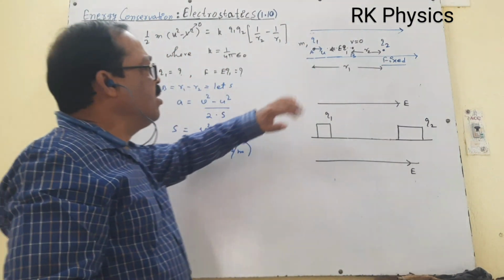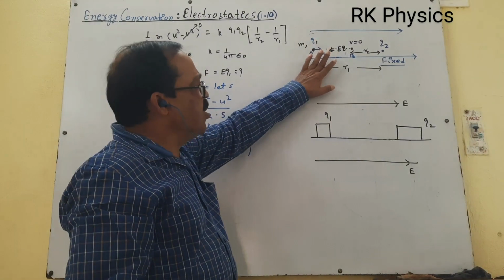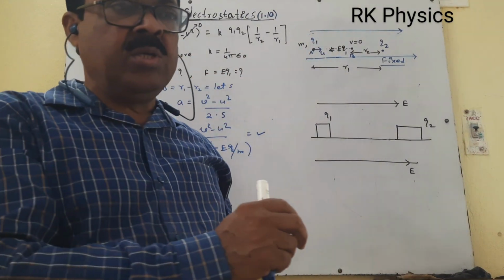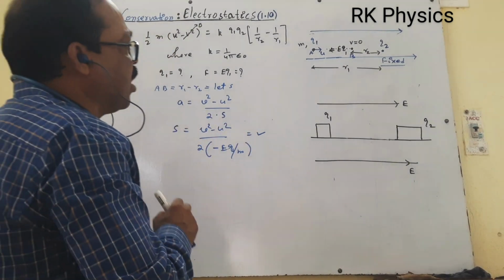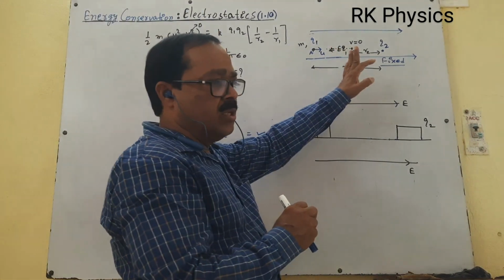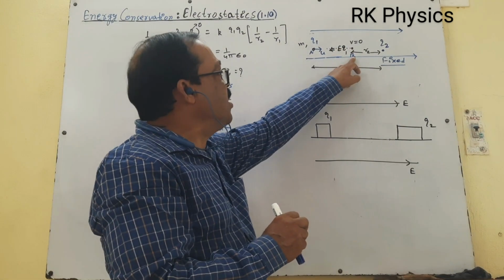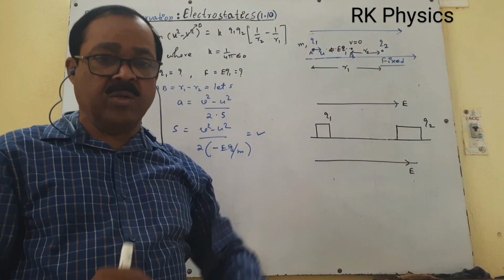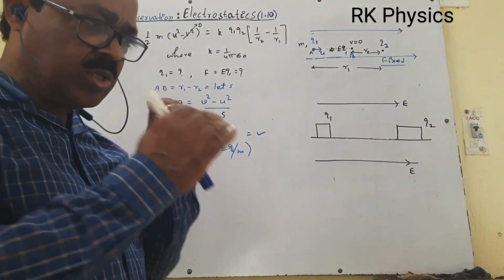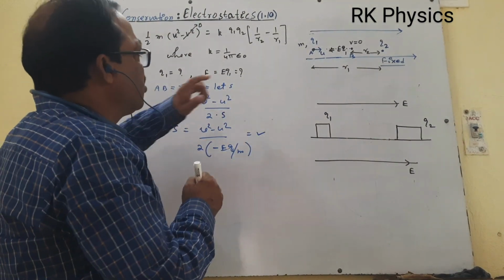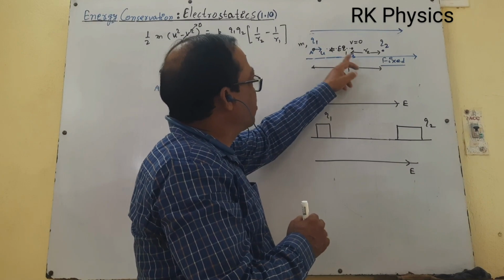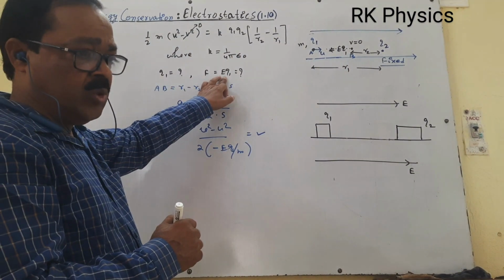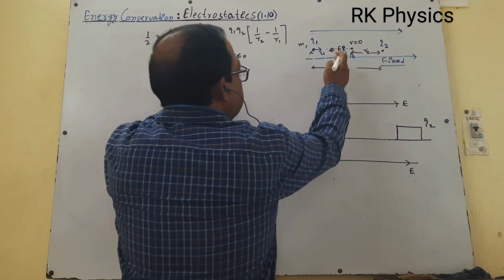Now imagine the previous case again: the system is as it is, the field is towards the right, q1 starts with u and is brought to rest at point B, where the velocity is 0. But the medium is a viscous medium. Then work is done against friction, which means the resultant force is not just Eq1.